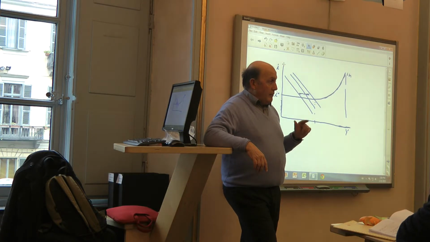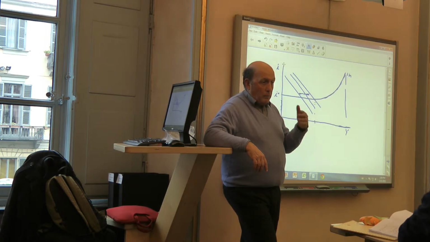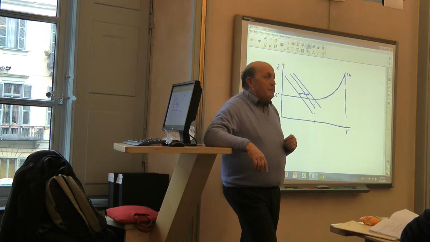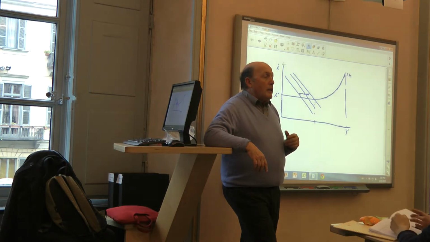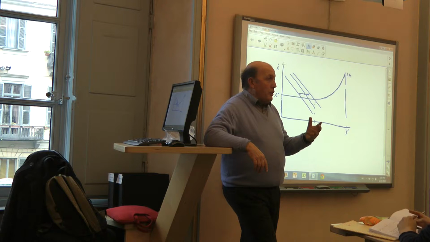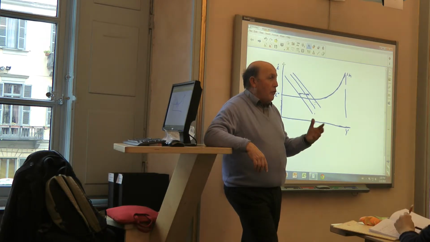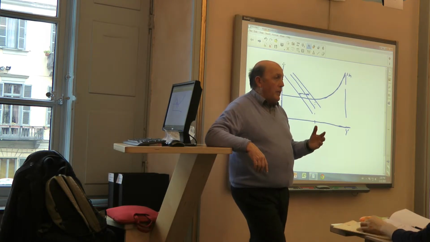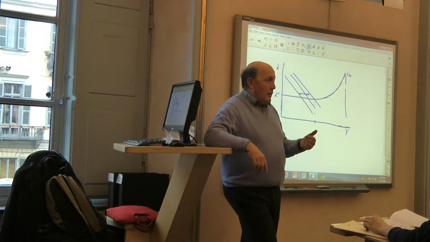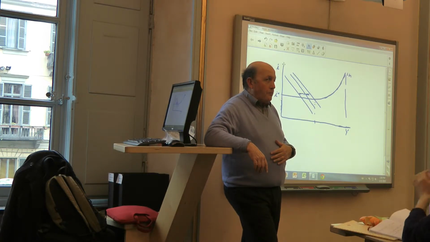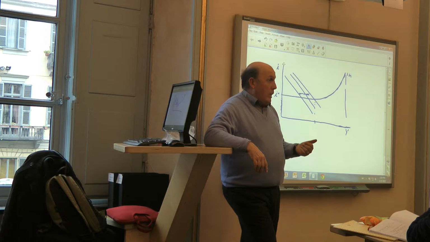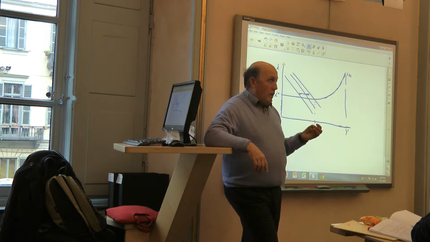Franco Modigliani, who later got the Nobel Prize in economics, and the three or four major Keynesian economists in the United States were Franco Modigliani, Paul Samuelson, Robert Solow, and James Tobin.